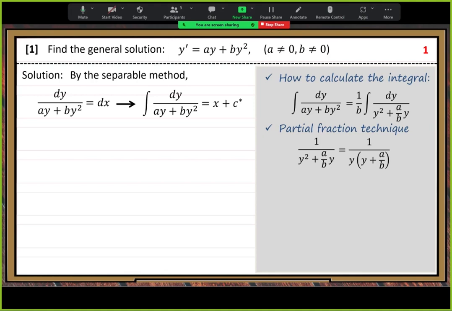Then we have the product of two linear functions of y. Two linear functions of y. And each linear function, the leading coefficient is 1. Because in that way, our calculation would be easier. Make a leading coefficient 1.